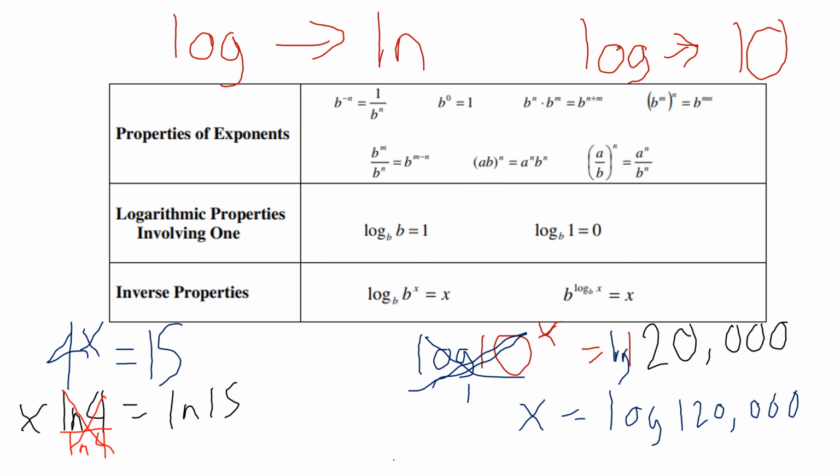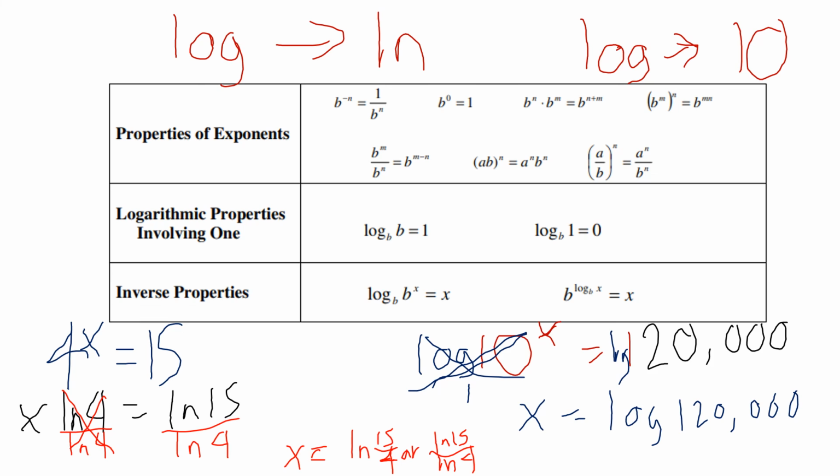That cancels out, and you are left with that. So x equals the natural log of 15 over 4. I could condone that too.